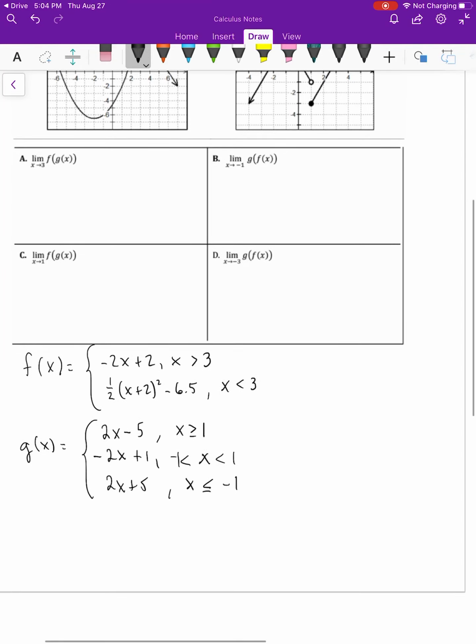And so I actually then did what is my f of g of x. I wrote it on a different piece of paper.